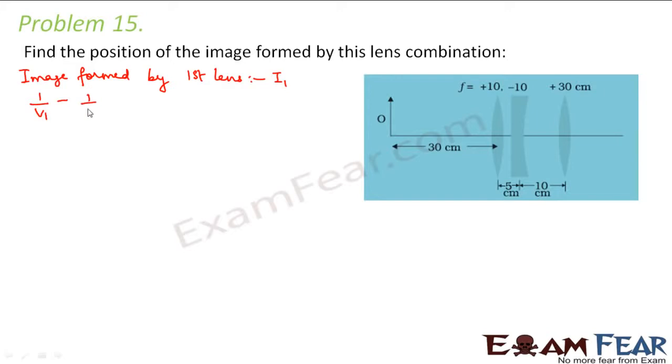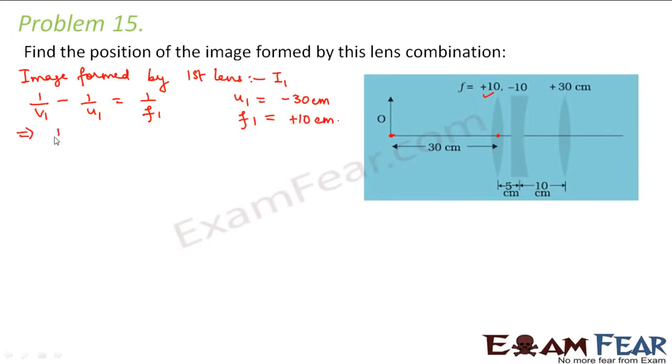Applying the thin lens formula, 1 by V1 minus 1 by U1 is equal to 1 by F1. In this case, U1 is equal to minus 30 centimeters because the object is located at a distance of 30 centimeters from the first lens. Focal length of the first lens is given as plus 10 centimeters.